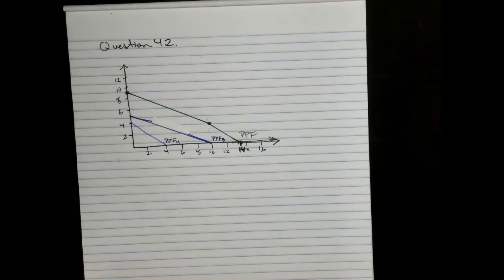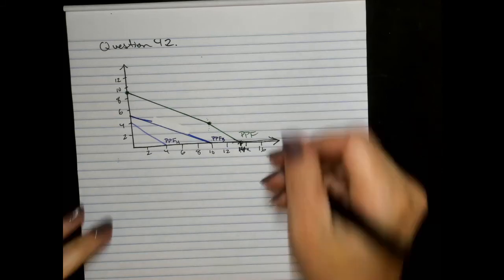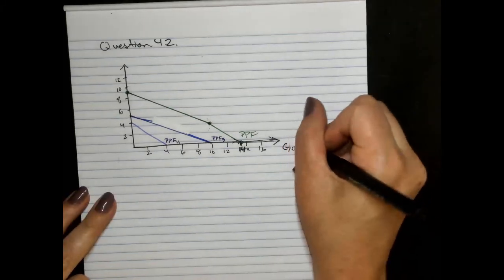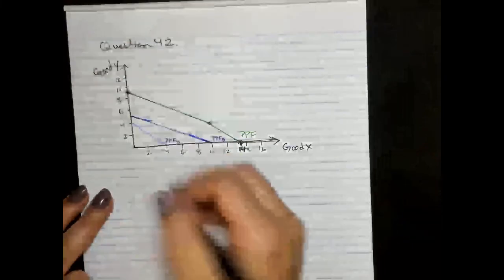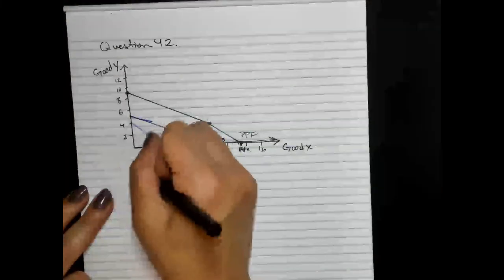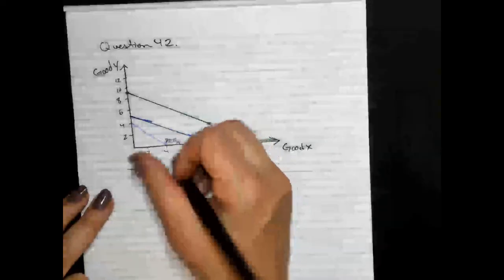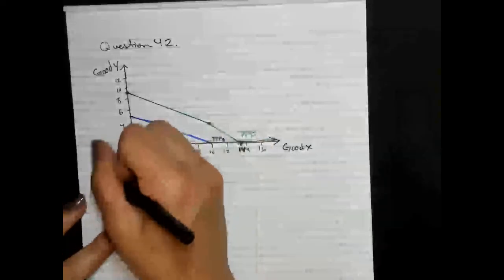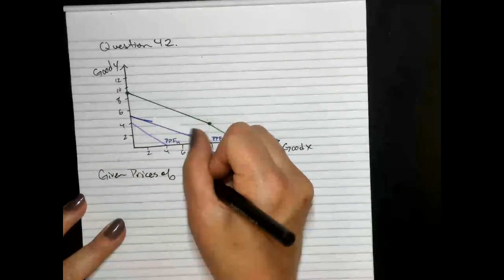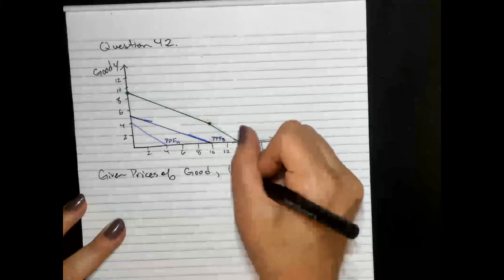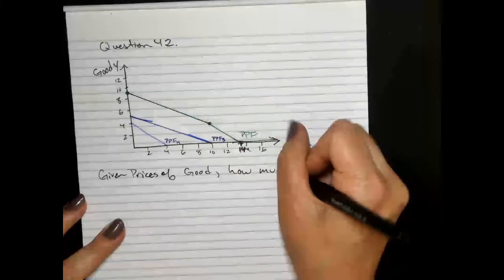Now we are given the second part of it, which says, given the prices of the goods, in this case good Y and good X, how much does each person produce?